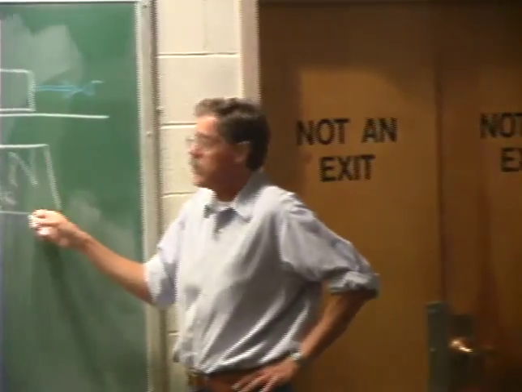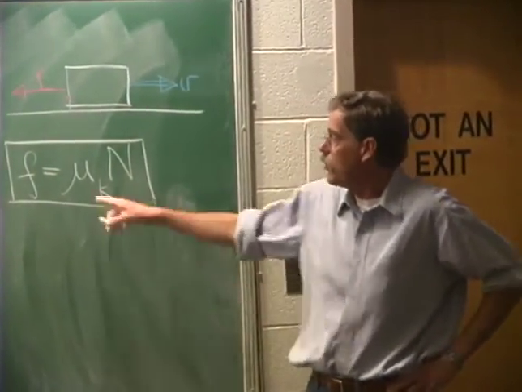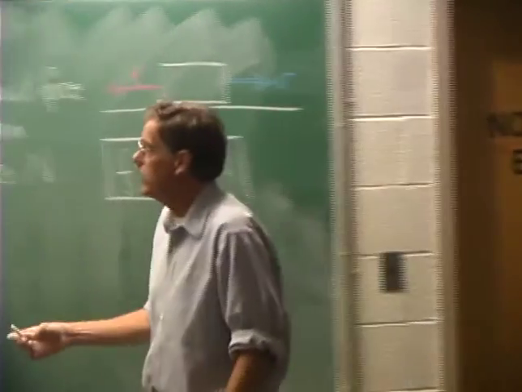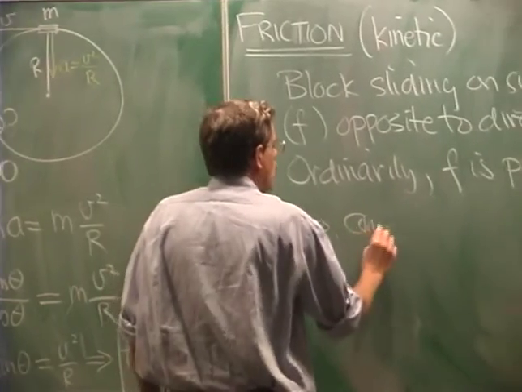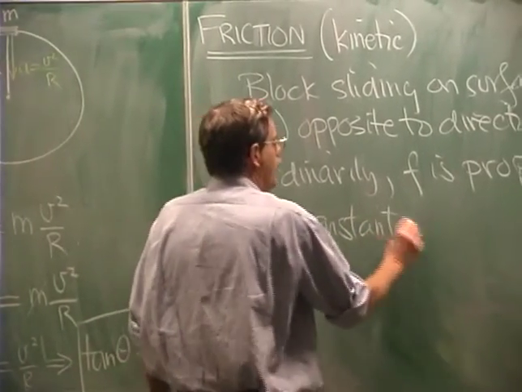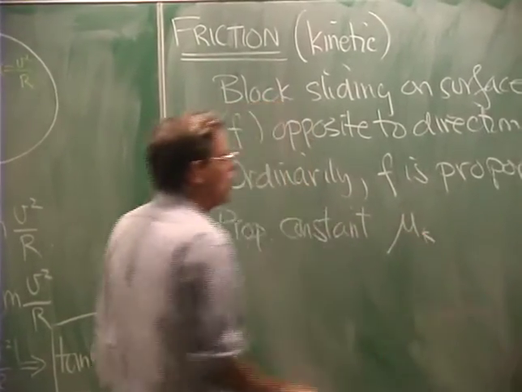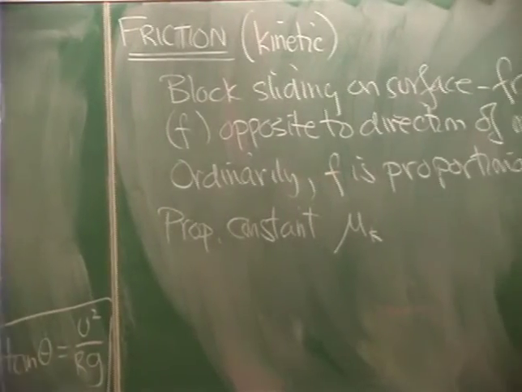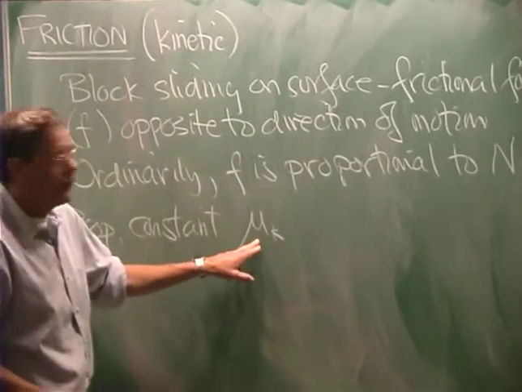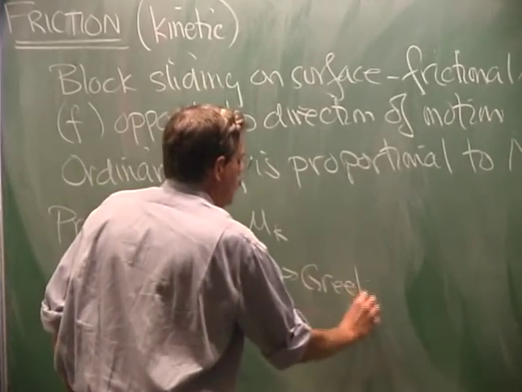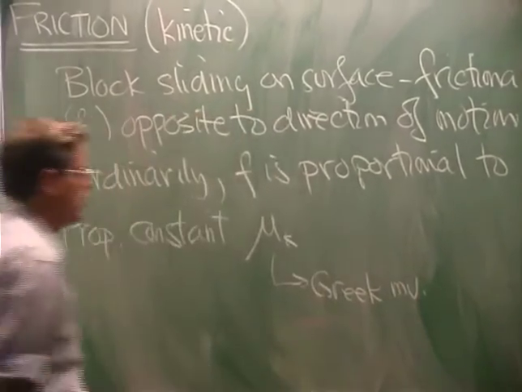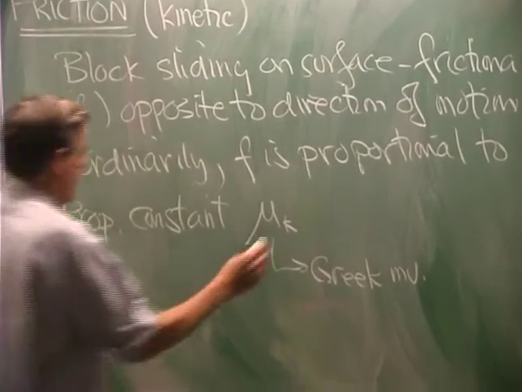The frictional force is proportional to the normal force. The proportionality constant mu sub k is the so-called coefficient of kinetic friction. The mu is a small Greek letter mu.